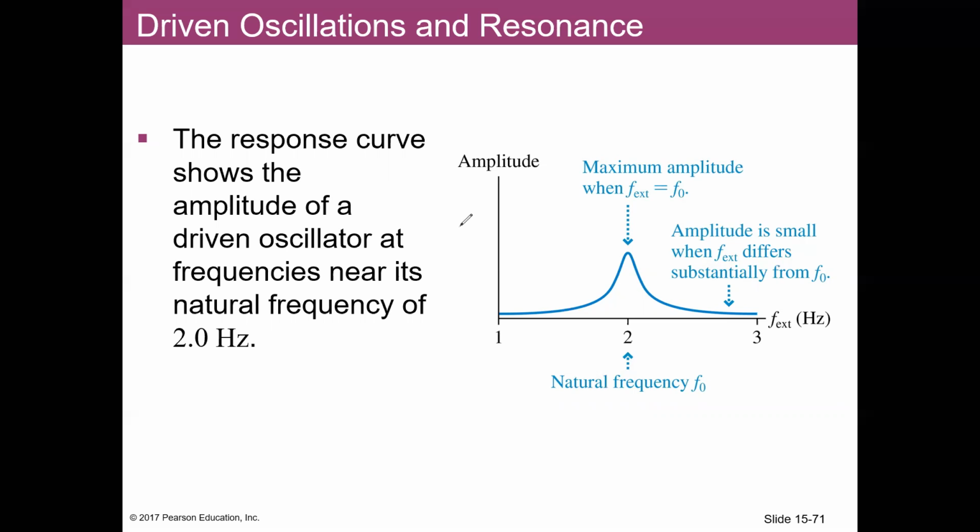You can obviously imagine wiggling your hands to make the mass on the spring wiggle. What this graph is saying is that if you wiggle your hands very, very slowly, then the mass will more or less respond by not oscillating.